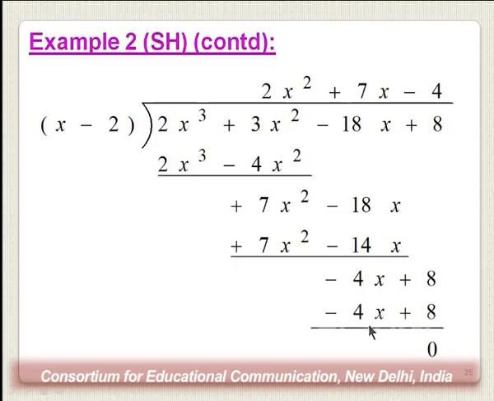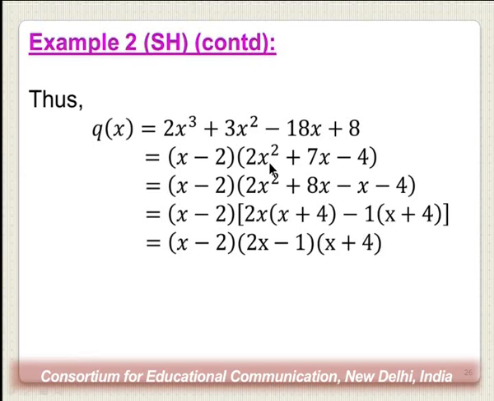And so now our polynomial can be written as x minus 2 times our quotient, which we got from the division process, which was 2x squared plus 7x minus 4.